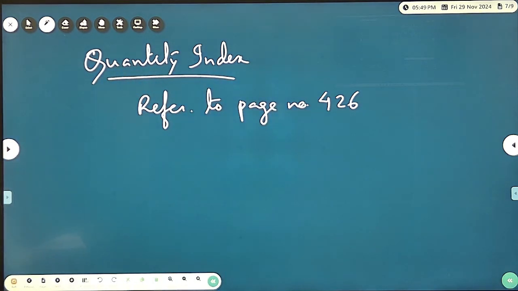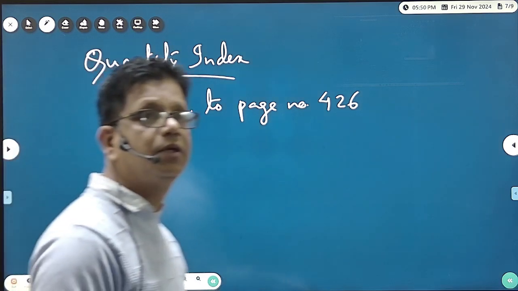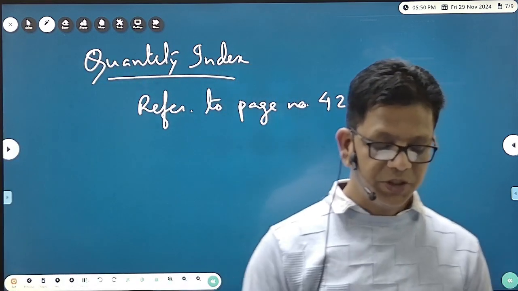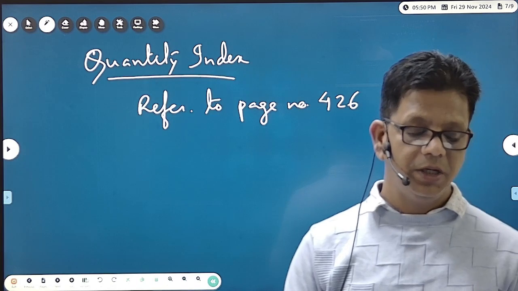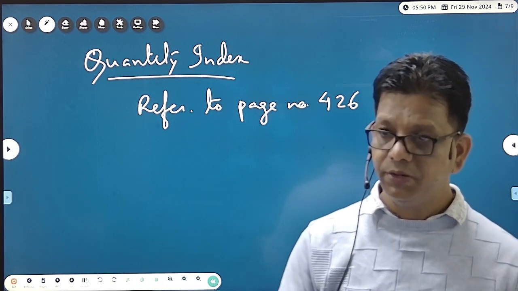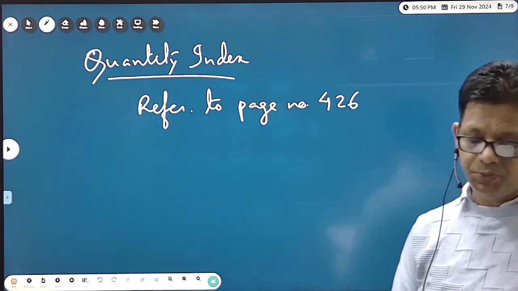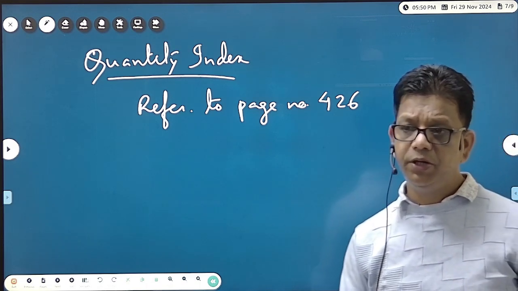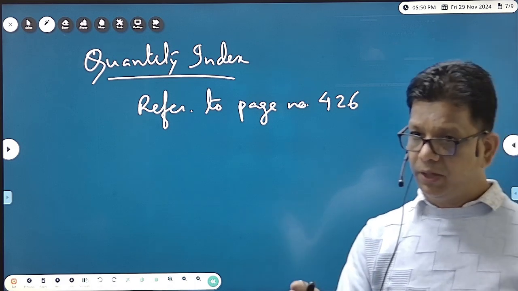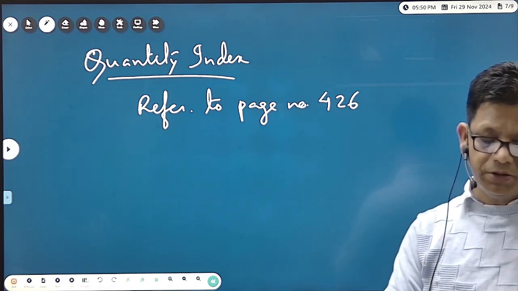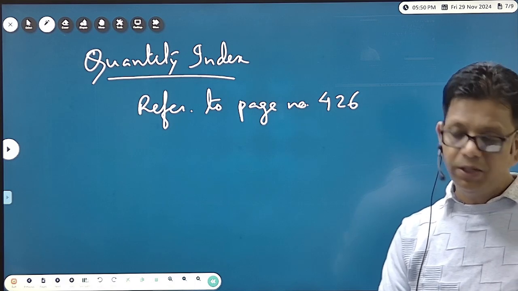The first one is the simple aggregative quantity index, which I have already given. We did it for P naught and P1. Now we are going to do it for Q1 and Q naught. Then Laspeyres method, which is very similar. There we were doing P1 Q naught, now they are doing Q1 P naught. Could you understand? Then in Paasche's method, Q1 remains the same, but in the denominator they are now writing Q1 P1.